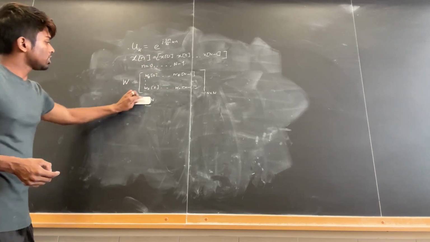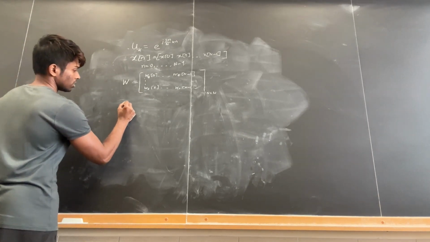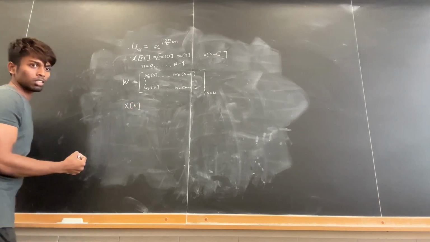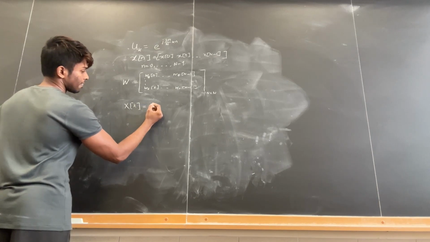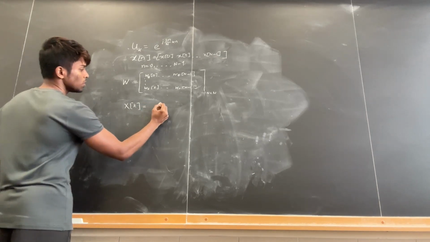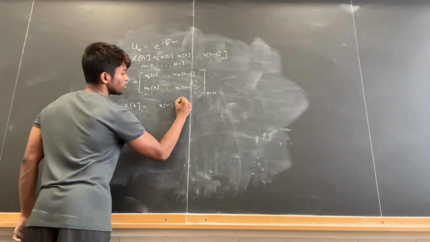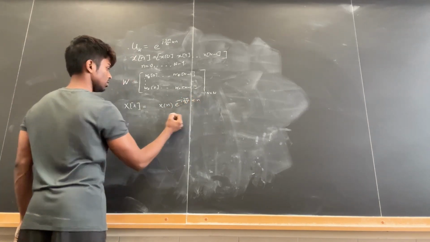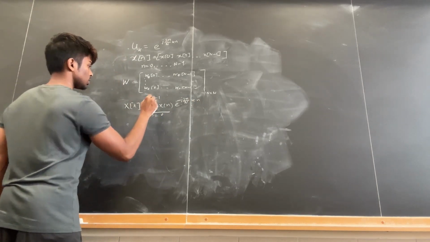So in the discrete space, we define the Fourier transform as something like this: x[k] is equal to the summation of x[n] times e to the power minus j 2 pi by N kn, with n equal to 0 to N minus 1.